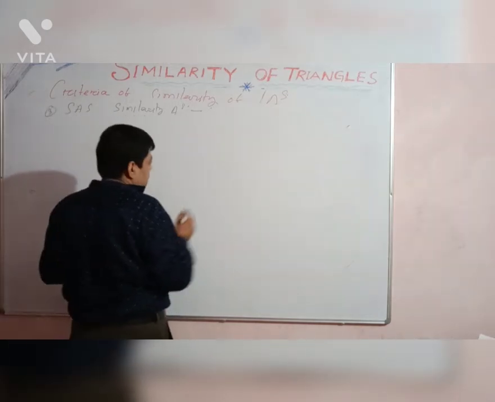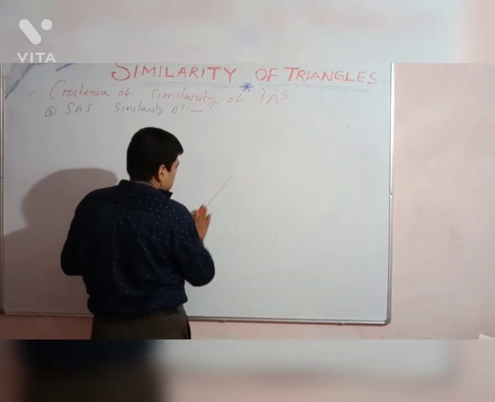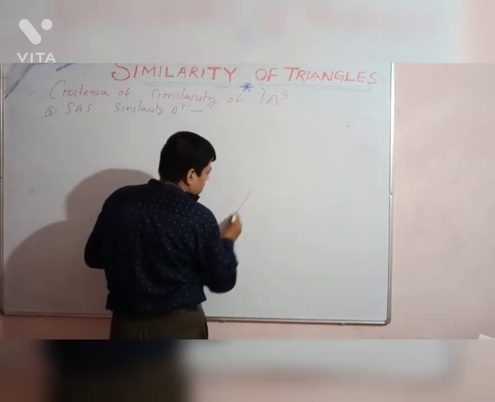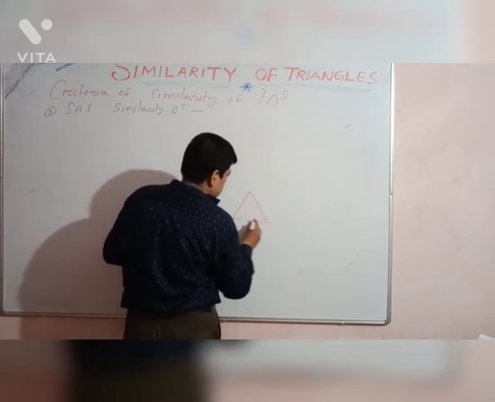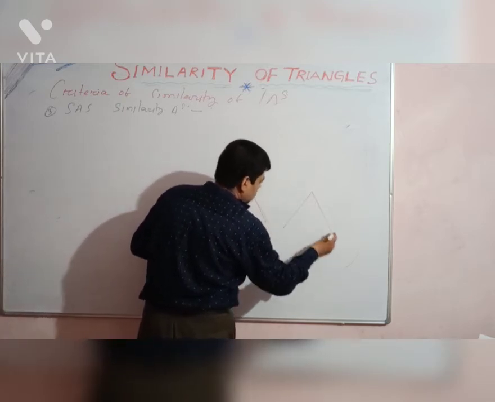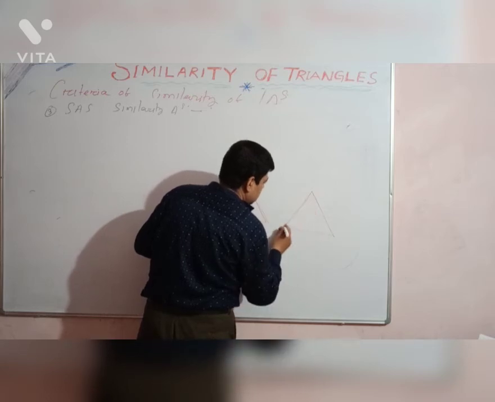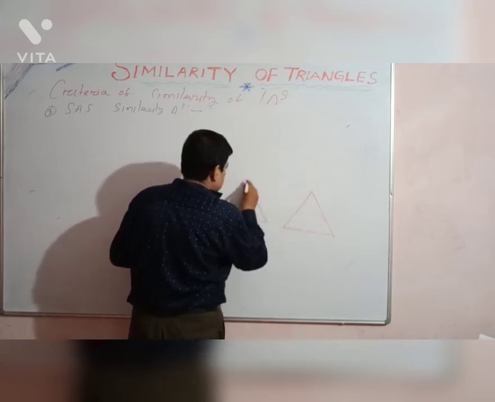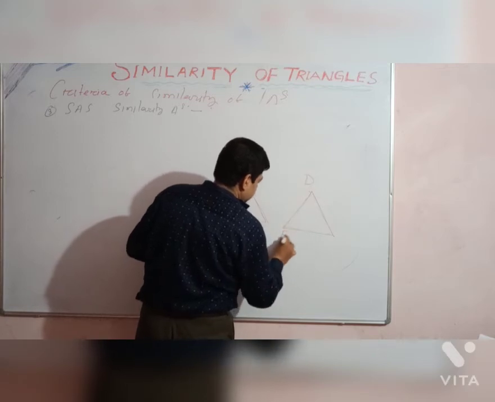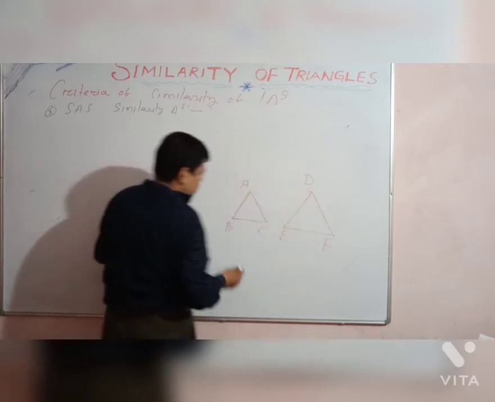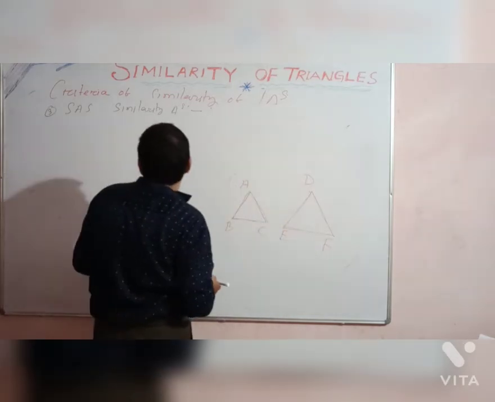Side angle side means here two triangles are given. Understand? Give the names: this is A, B, C, and this is D, E, F. You see now, side angle.